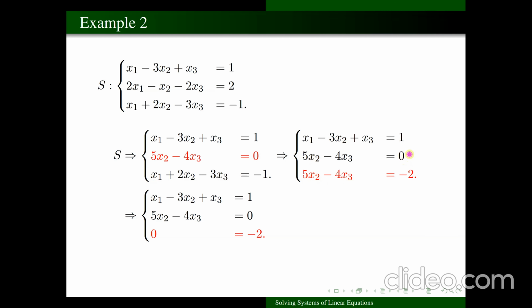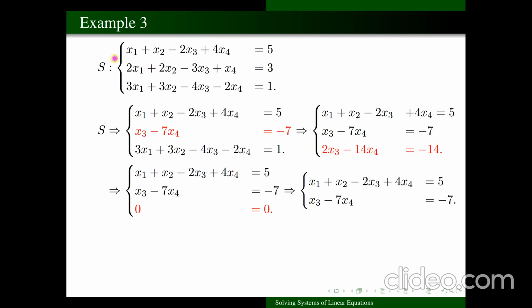We multiply -1 to the second equation and add it to the third equation to obtain this equation. But this equation 0 equals -2 is clearly absurd. And this means that the system S has no solution.